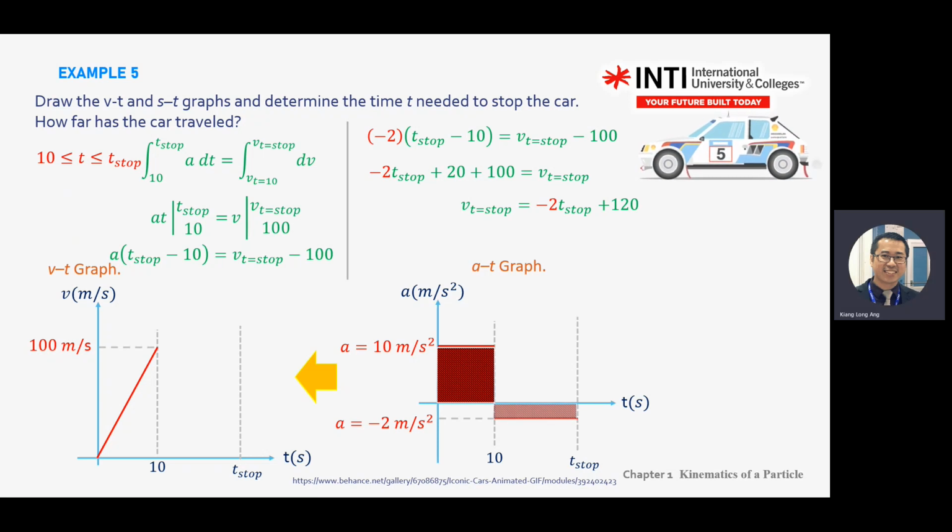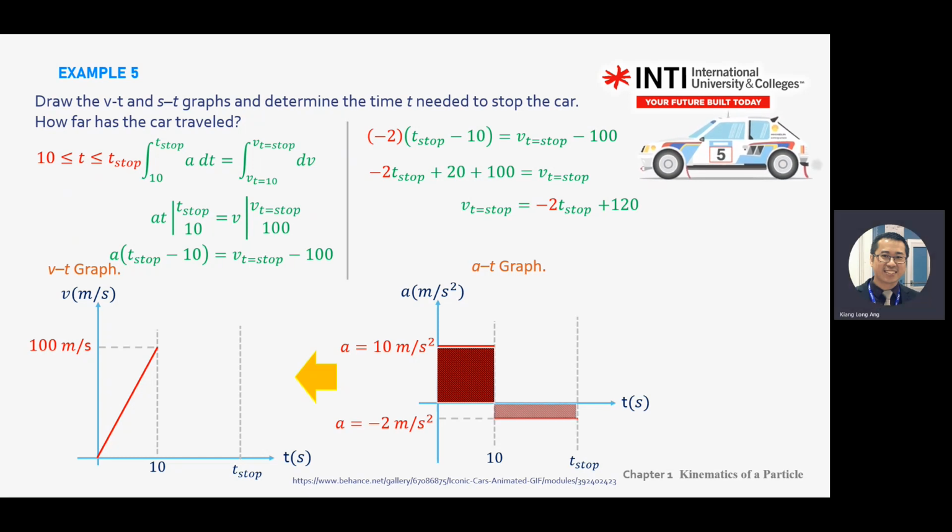So this is the V versus T graph. This is Y, this is X. This is a linear equation. What happens when you have a negative gradient? Positive goes up like that, negative goes down like that. So this one is like that. You already know the velocity at 10 seconds, right? So go down like that.